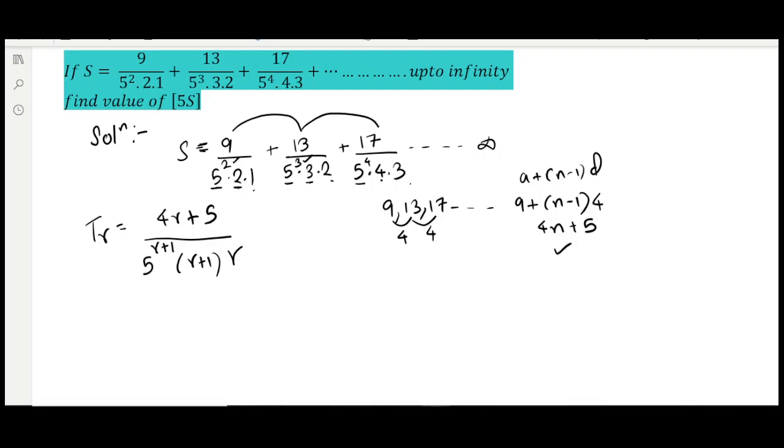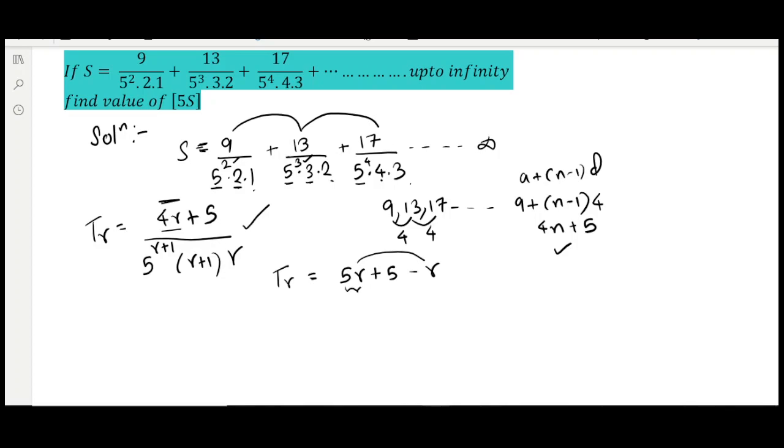In the VN method, or in a telescopic series, we have to split this general term in such a way that it gets cancelled with the next immediate, or second immediate, or third immediate term, depending on the question. So if you see, this 4r can be written as 5r minus r, that is 4r.